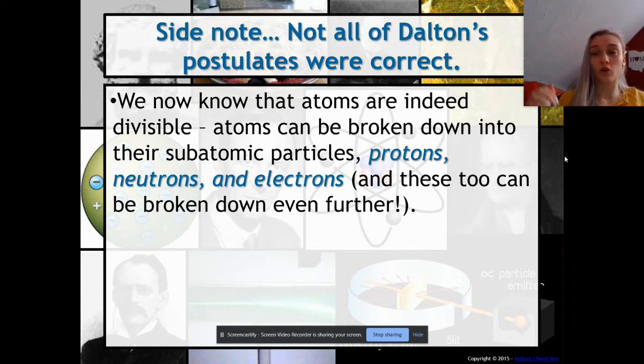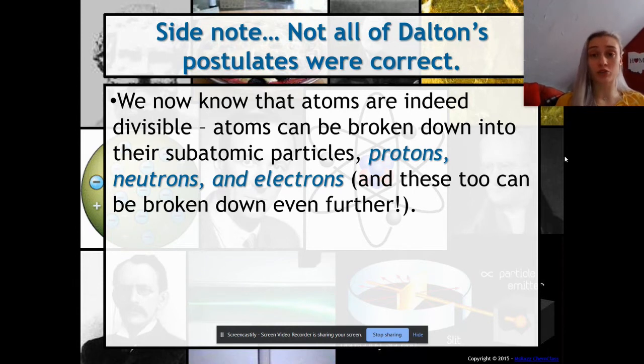So with the discovery of atomos from the Greek philosopher Democritus, to him saying atoms are indivisible and that's just what makes up matter, to Dalton's postulate saying we have atoms and that's the smallest unit of matter, same kind of idea.